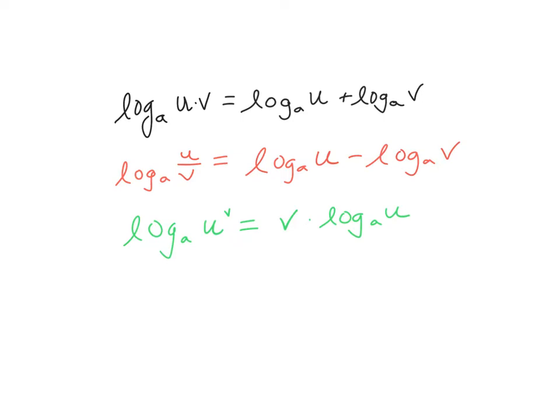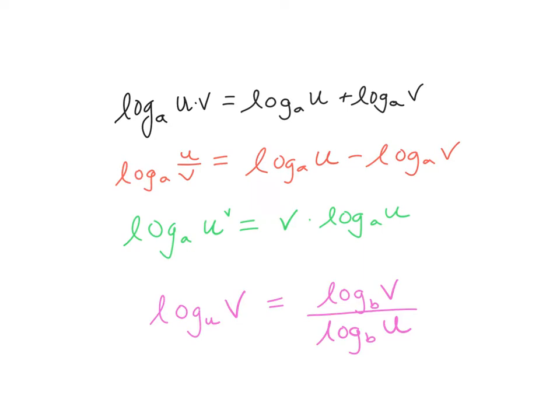The other property that you might see is called the change of base formula. That says that if we have a log, let's just say base u of v, then we can make it the quotient between two logs with any new base b of our choice.